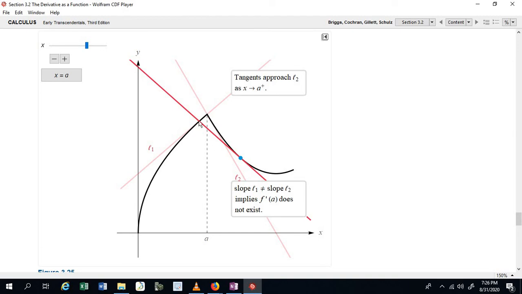Okay, they're not approaching the same thing from both sides. And therefore, the derivative at A, f prime of A, does not exist. Okay? Again, because the slope of the tangent line as you approach from the left-hand side is different than the slope of the tangent line as you approach from the right-hand side.